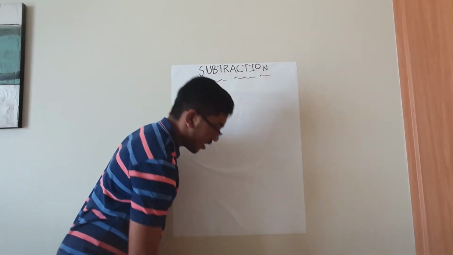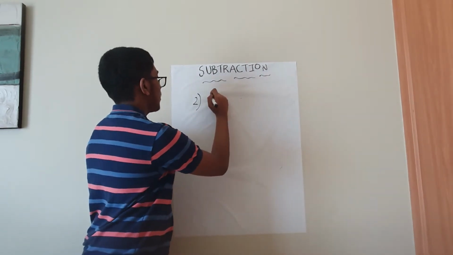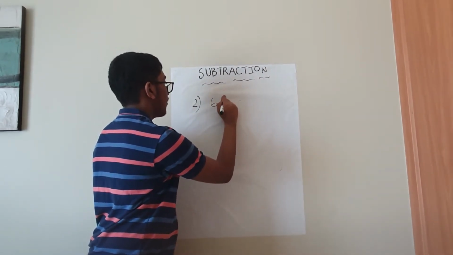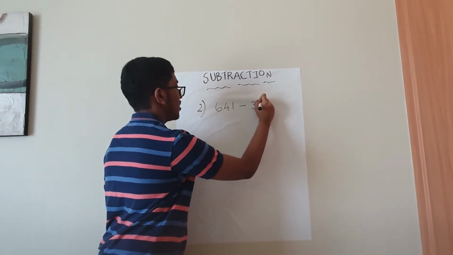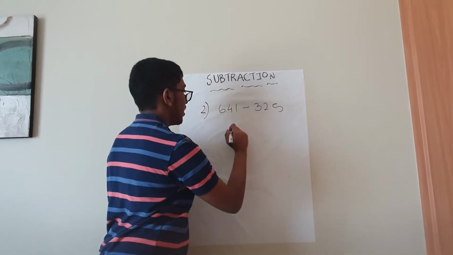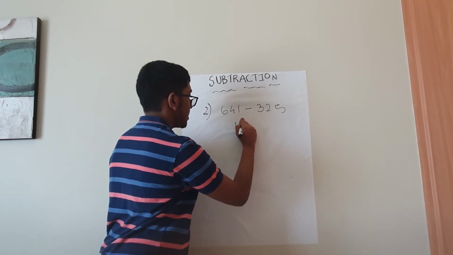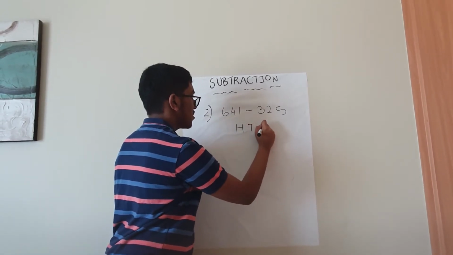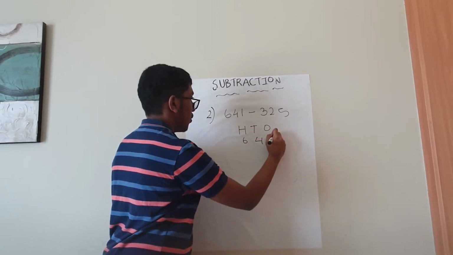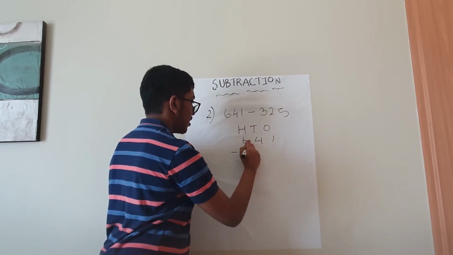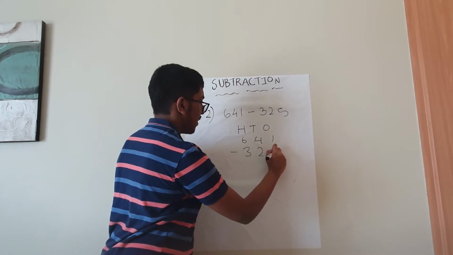So let's take 641 minus 325. You write the HTO and fill in the numbers properly. 641 minus 325.